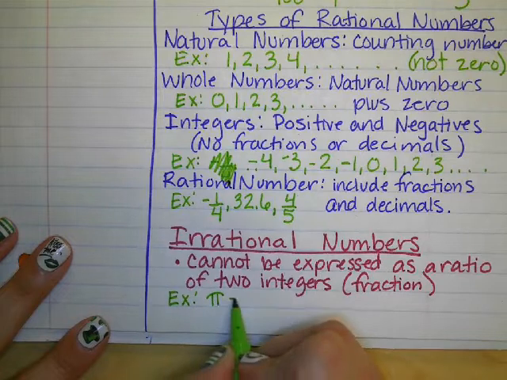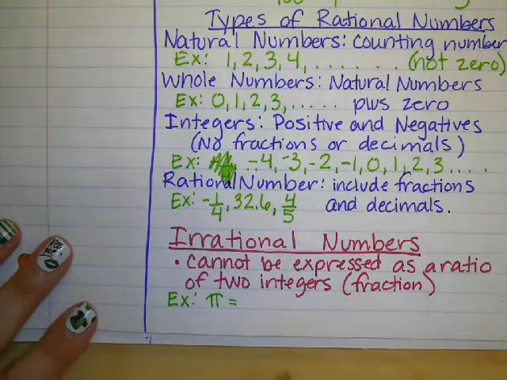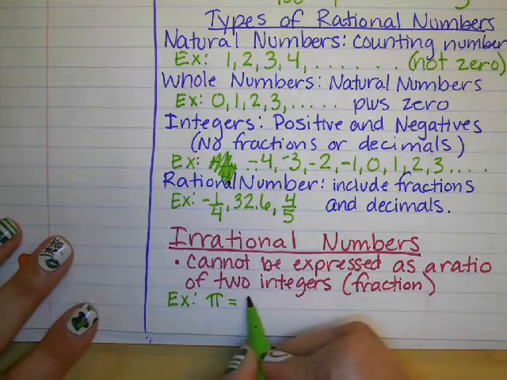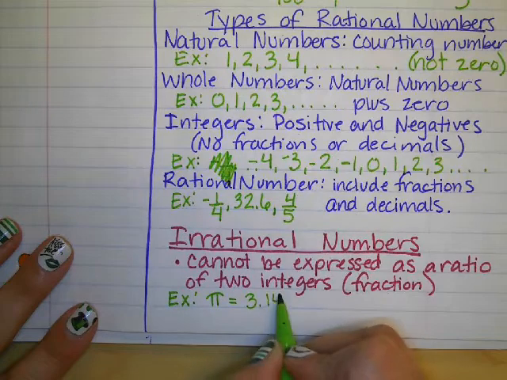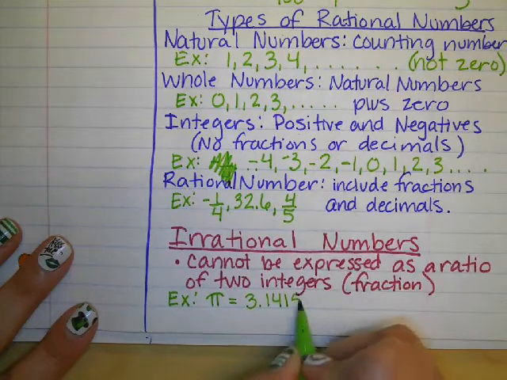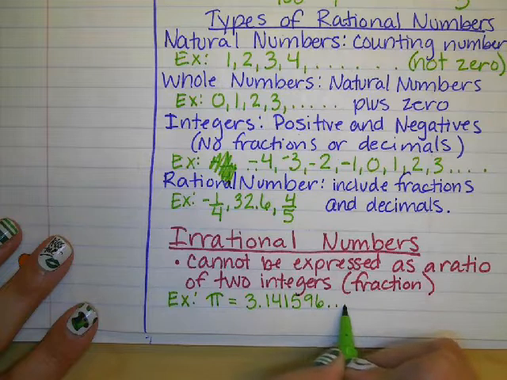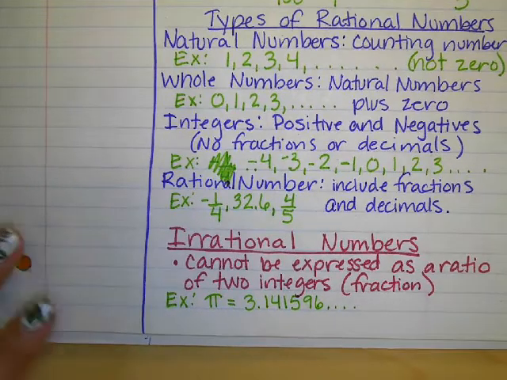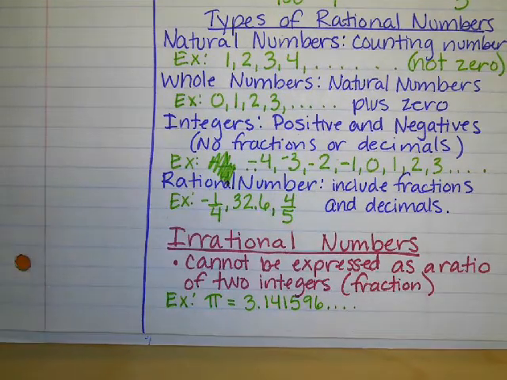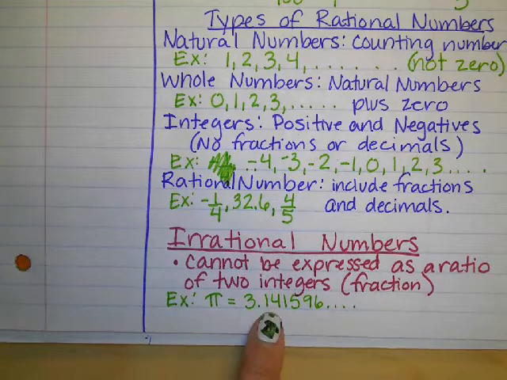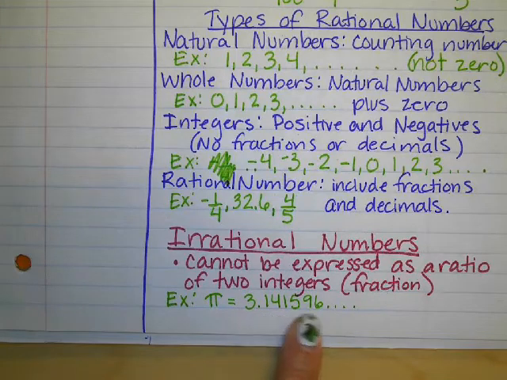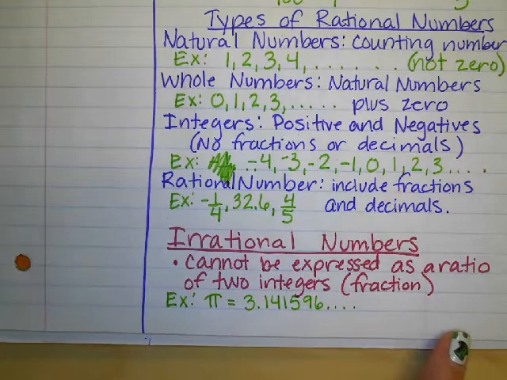Now, most of the time we round it, but the true number of pi is 3.141596, and then it continues. There's other digits that never repeat. So it goes on and on forever. And it does not repeat. So we cannot change this into an ending decimal. That's what we're looking for, an ending decimal.